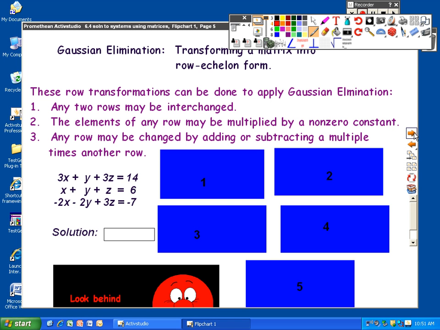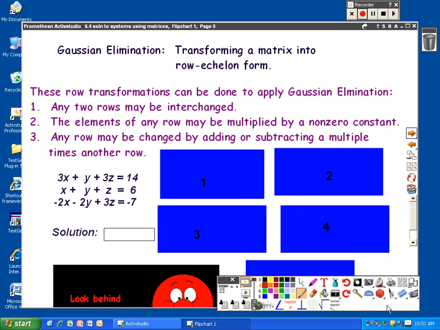All right. Now we're going to go to the Gaussian elimination. And when we use Gaussian elimination, we want to get our matrix in row echelon form. So it means we want our first element of our matrix to be a 1. So we can do these operations to it in order to get the first one to be a 1.